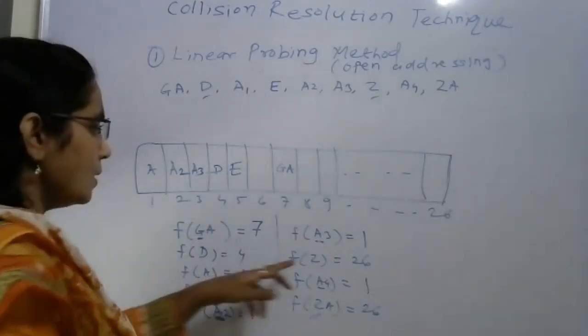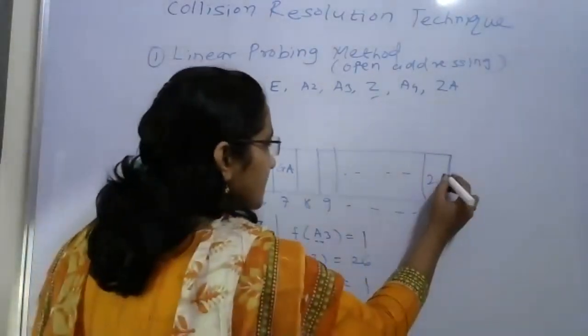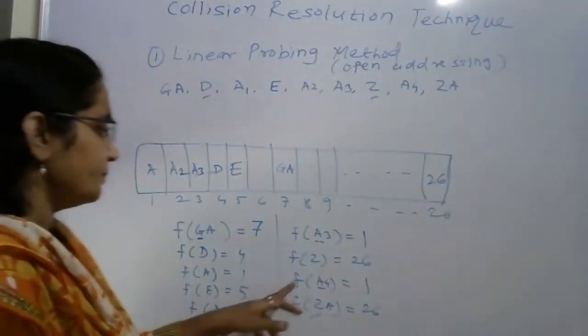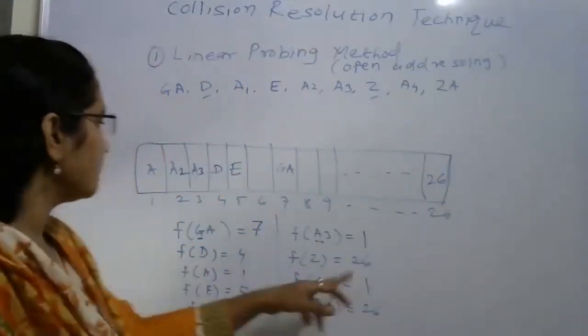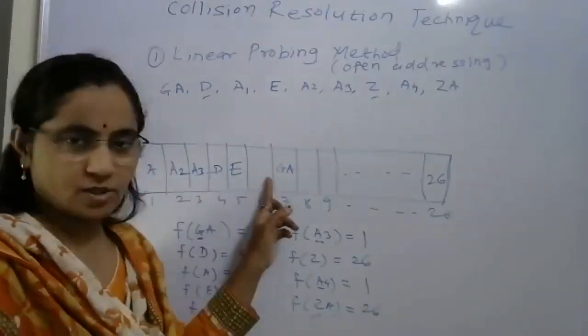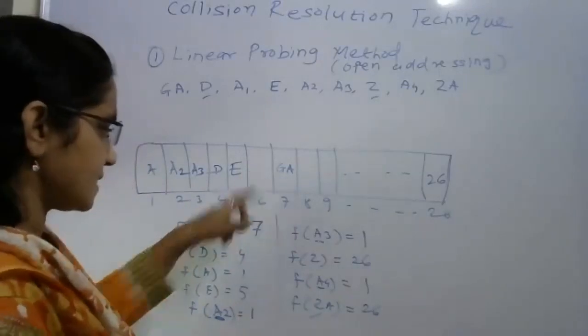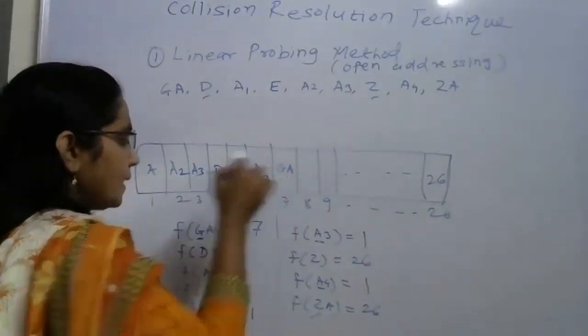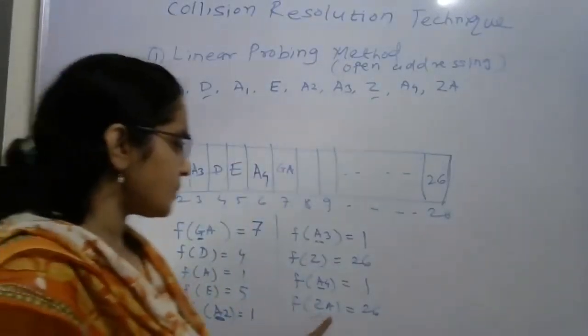Now Z is at location 26. Now A4 equals 1 again, meaning again a collision, but you search for the next empty location. The next empty location is 6, and you accommodate A4 there. And the last, f of ZA.